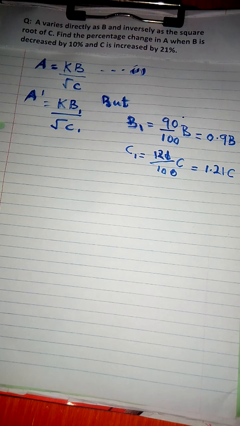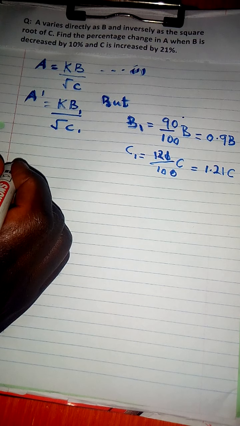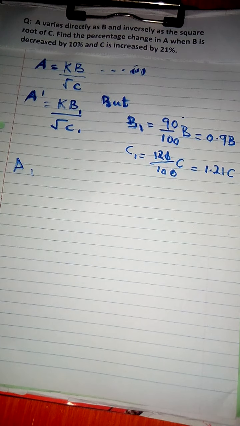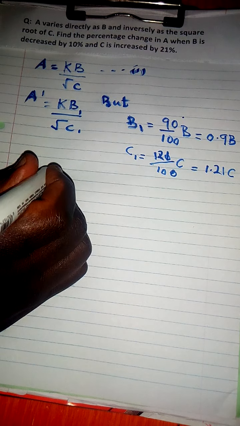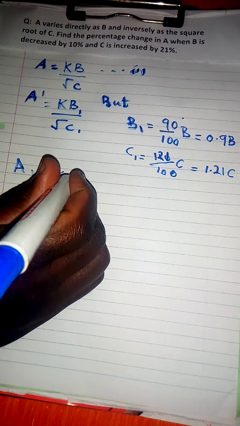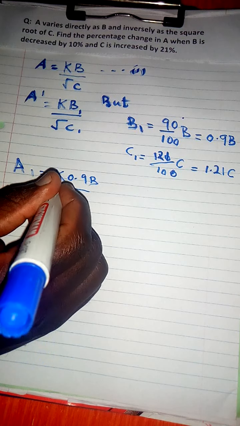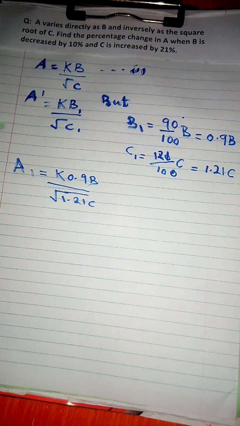Substituting B1 and C1 in equation 2, A1 will be equal to the constant K times 0.9 B over the square root of 1.21 C. So that one you have substituted.